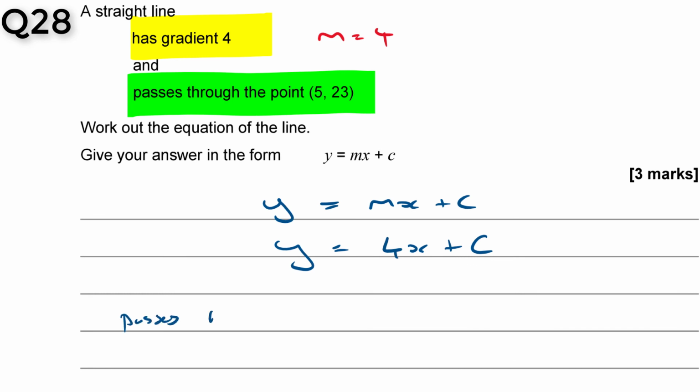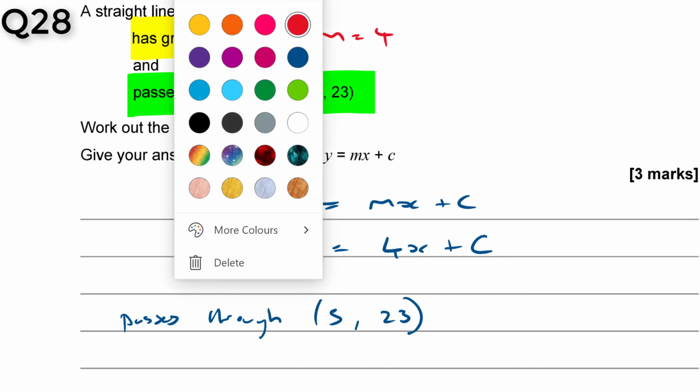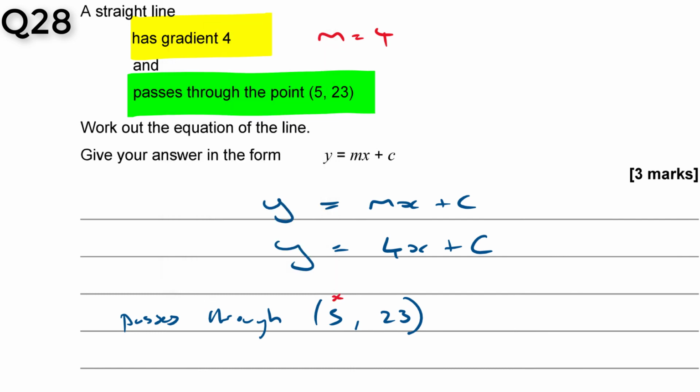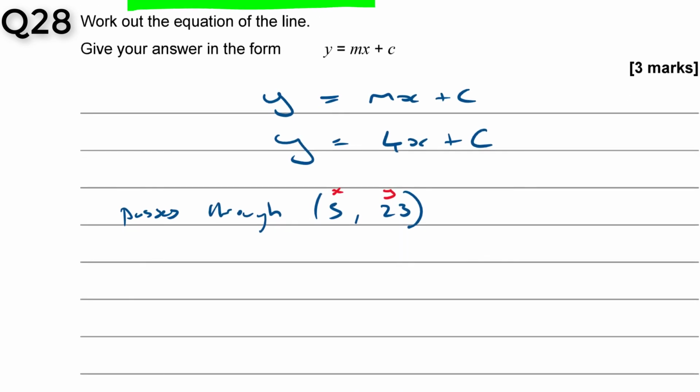So the line passes through (5, 23). So that's the x coordinate there, isn't it? And that's the y coordinate. So if we sub those into the equation, they should work because it's a point on the line, and then the only thing that I don't know there is going to be c. So subbing those in, 23 is equal to 4 lots of 5 plus c.